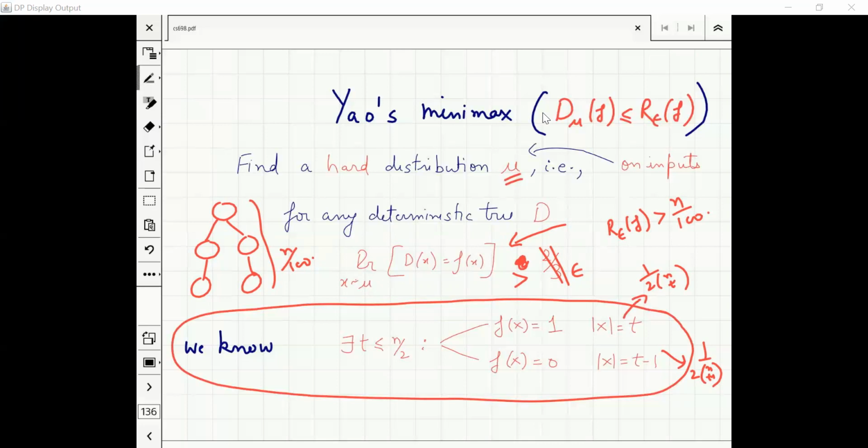Sorry, that is why I had written less than 2 by 3. So if I show that for any deterministic tree, the failure probability is greater than epsilon, then R epsilon f is greater than n.